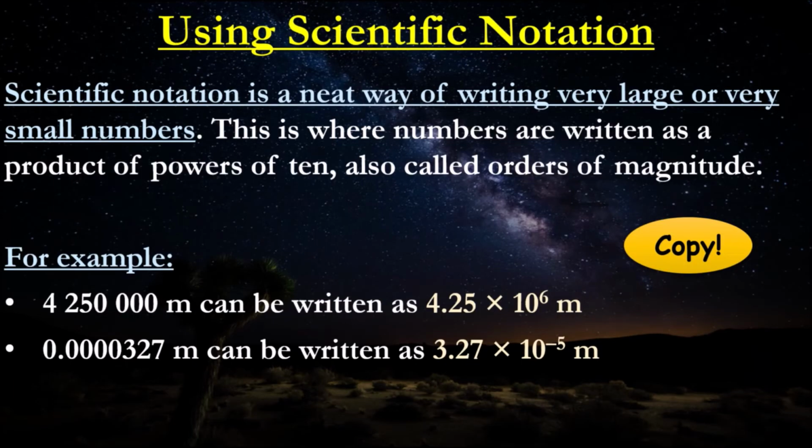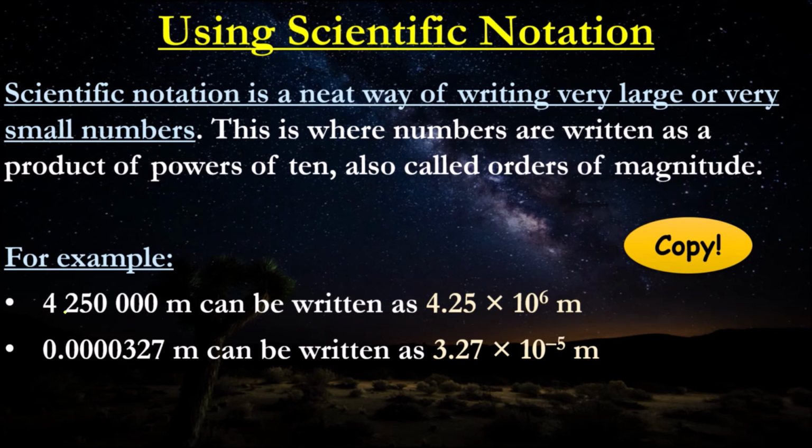And that is using scientific notation. Scientific notation is just a much neater way to express really large or really small numbers. In a way, it helps us express the product in terms of powers of 10, or you can simply think of it as the number of zeros in front of or behind a specific value. That's what scientific notation is.